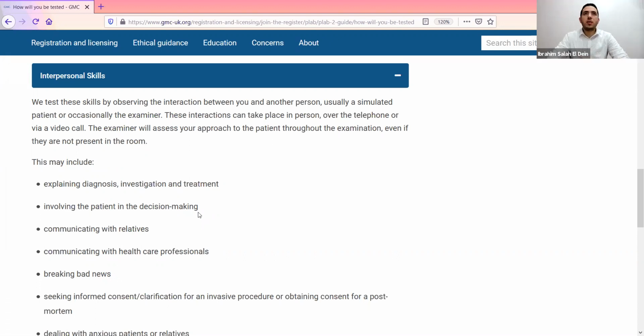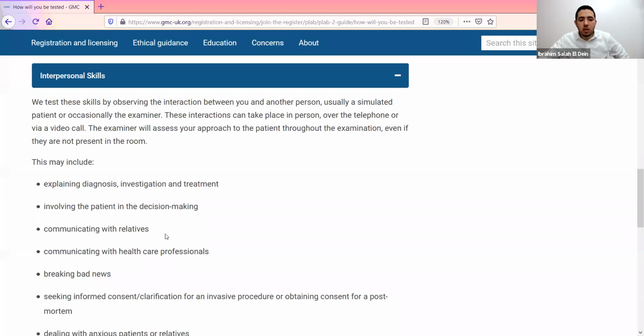So don't tell the patient, we will do a procedure, and take a consent from the patient. It will be easy for you to take the consent if you explained everything in a simple manner and in detail to the patient. Take a consent even for admission. Take a consent for some treatment for the patient.